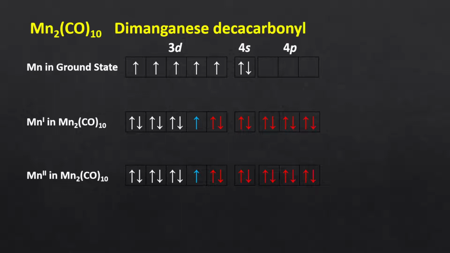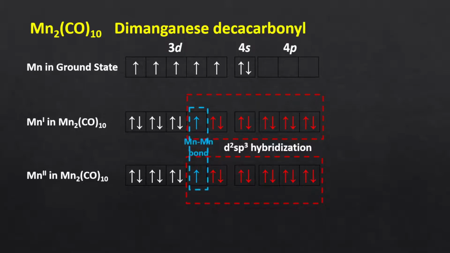The 4s orbital, 4p orbitals and the d orbital with an odd electron are hybridized to produce d2sp3 hybrid orbitals. Thus, the d2sp3 hybrid orbital with an odd electron gets paired with manganese-manganese bond formation. Each manganese atom accepts 5 pairs of electrons from 5 carbonyl ligands in its 5 vacant d2sp3 orbitals.